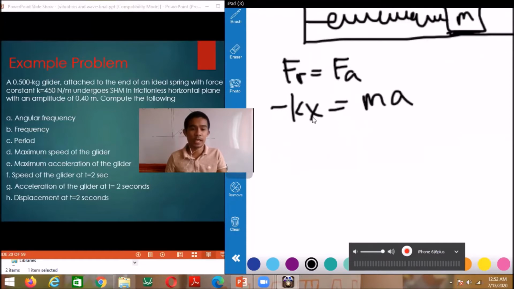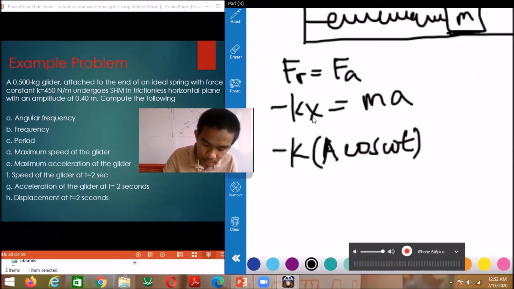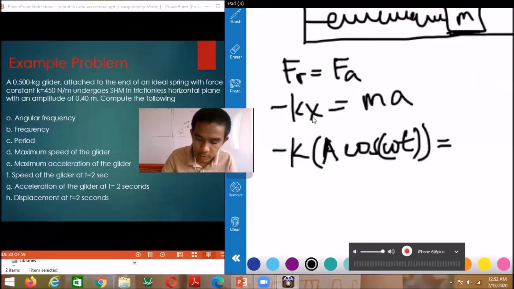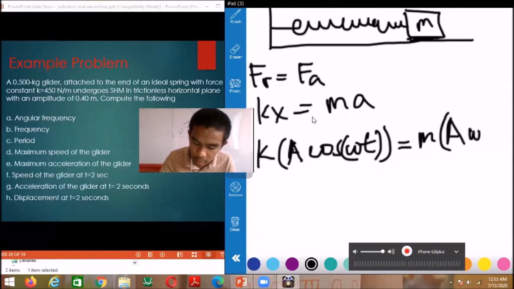Now, what is the position as a function of time of an oscillating object? The position x is expressed in terms of amplitude times cosine of omega t. And the acceleration of an oscillating object as a function of time is negative amplitude times omega squared cosine of omega t.